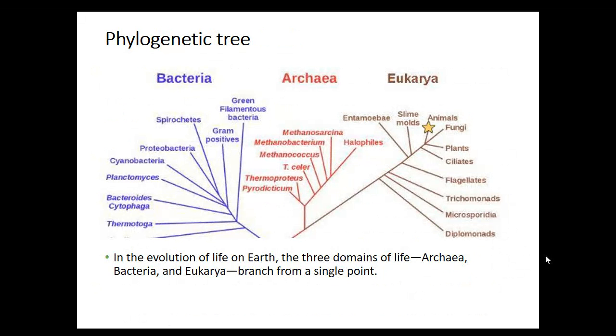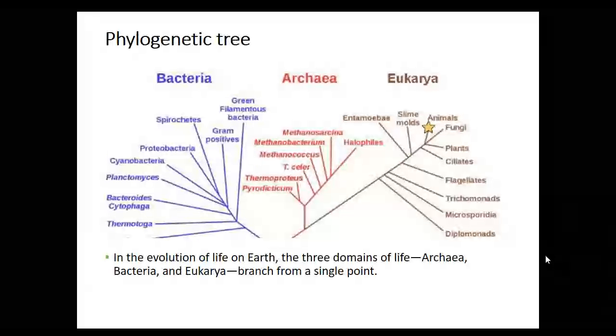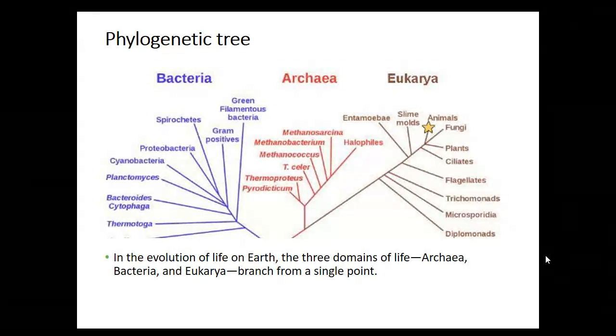So this was showing all of the forms of life, all of the major groups of organisms on Earth. So over here on the left, this is all bacteria over here.